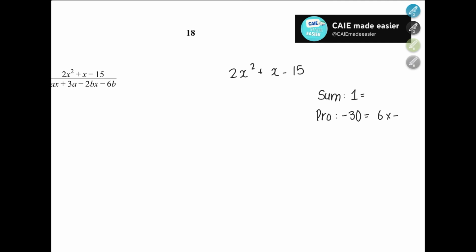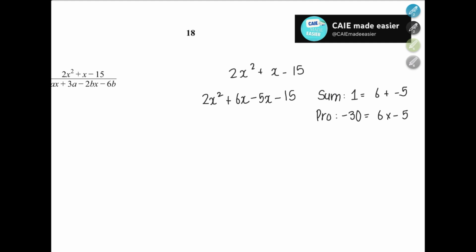Let's use 6 and negative 5, because 6 times negative 5 will give you negative 30, and 6 plus negative 5 is going to give you 1. Now we can write this as 2x squared plus 6x from here, and then minus 5x minus 15.